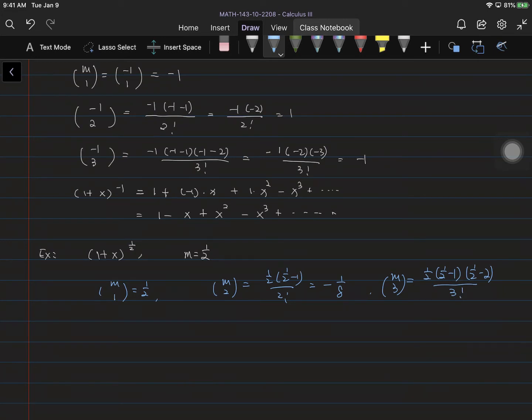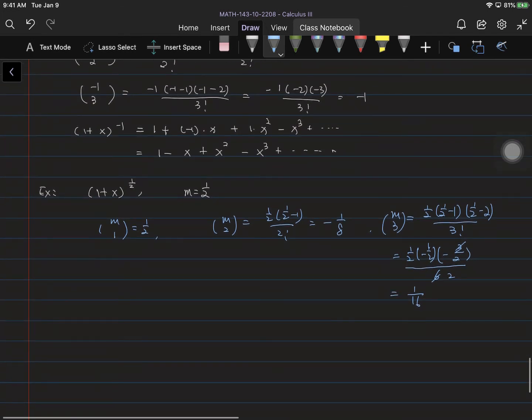After simplifying, 1/2 times -1/2 times -3/2, divided by 6. The 3 cancels, which leaves 2, so this should be positive 1 over 16.